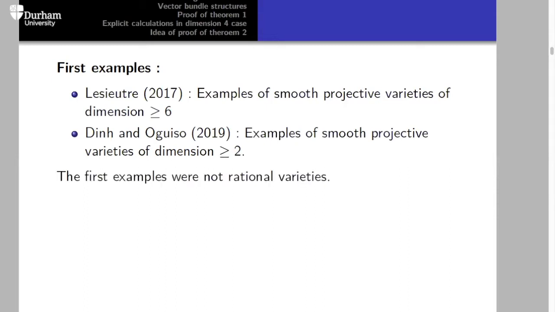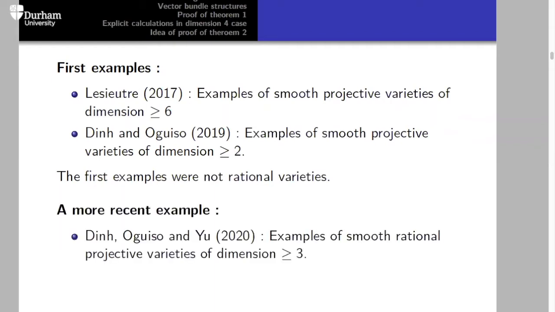These first examples were not rational varieties, and I'll talk a little bit about where they come from in a moment. But let me just say that very recently, in 2020, Dang, Oguiso, and Yu put on arXiv an article where they give examples of smooth rational projective varieties of dimension at least 3.